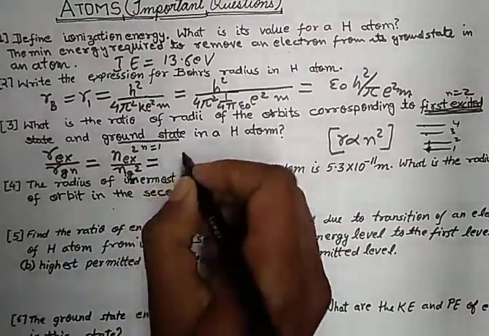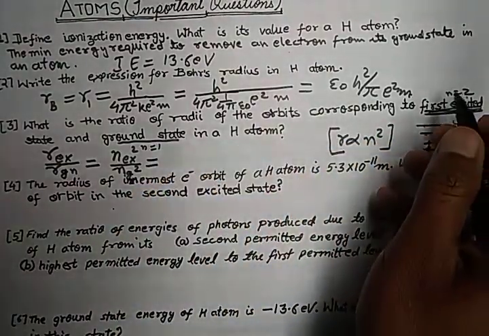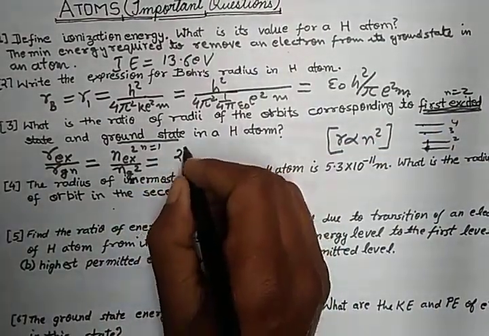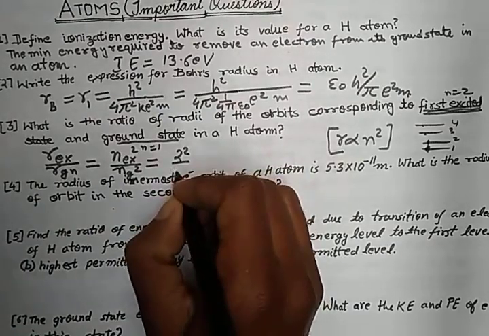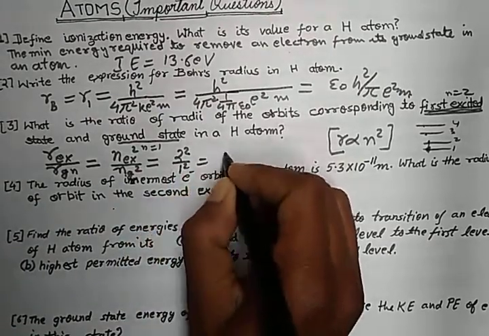So first excited state means 2 square upon ground state means 1 square, that is 4:1.